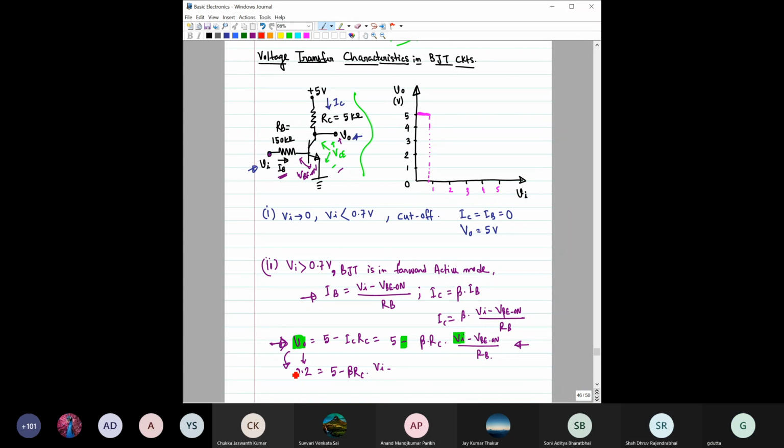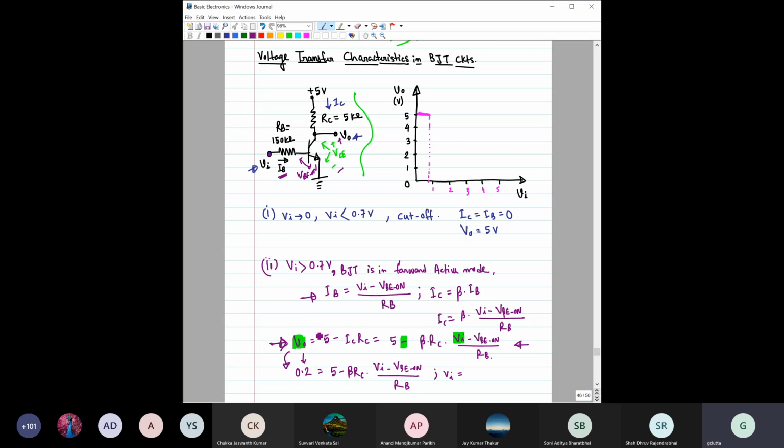So right now, to find at what V_I this output voltage would be this one, we have to do this simple thing. Just substitute V output as 0.2, plus beta, then V_BE(on) by R_B. I think I have not missed anything. From that we have to find this V_I. Could you please find V_I?